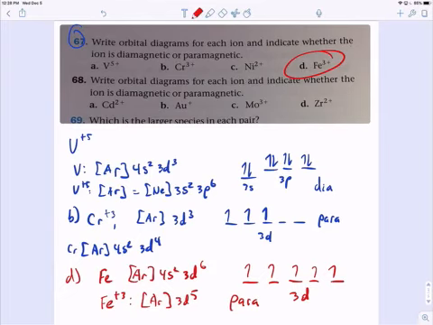It's only when there's a 4. So let's fix that.